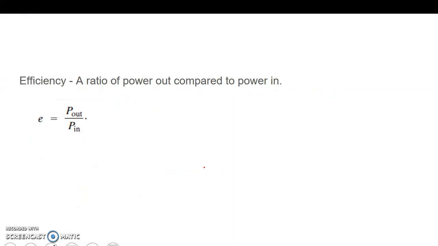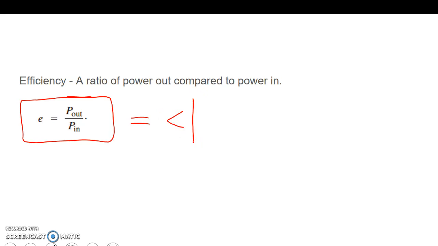Last equation I want to show you is something that might come up. You might see it somewhere. We probably won't see it here, but if we want to find the efficiency, especially of an engine, we take power out compared to power in. So the power that's in and the power we get out. Never, ever, ever will this number be greater than 1. It'll always be less than 1, because we'll never get 100% efficiency out of an engine.